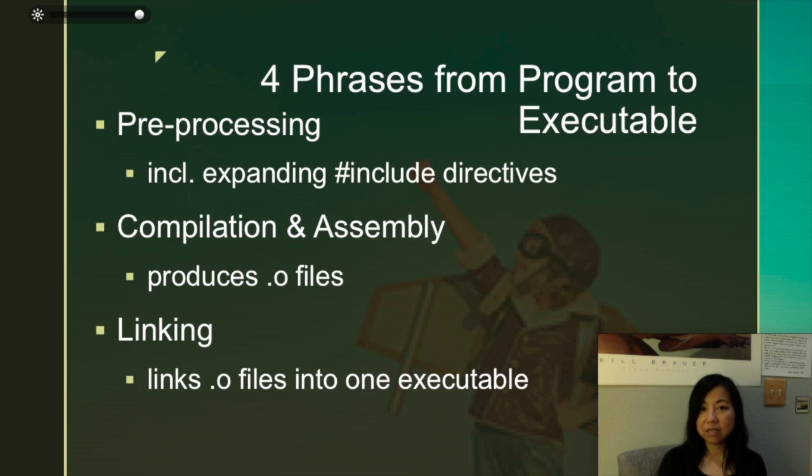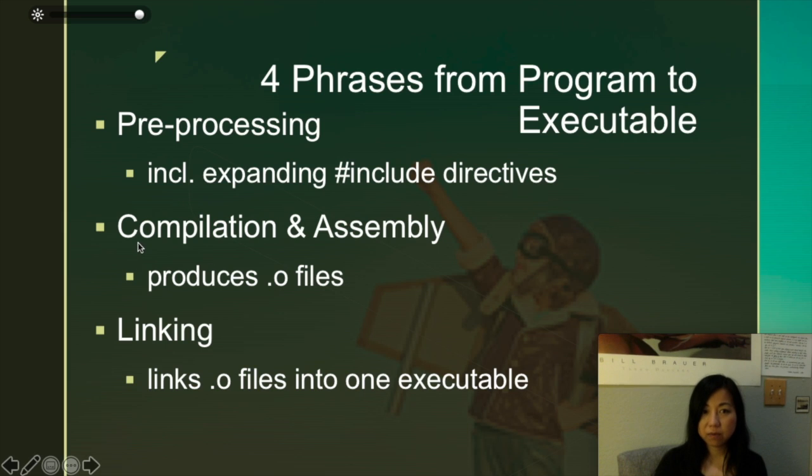So when we go from writing a program to making it executable, there are four phases or four steps. The first step is preprocessing, which is what we just talked about. It will expand that include directive and put the code in that location, virtually though. But I don't want to go into too much detail.